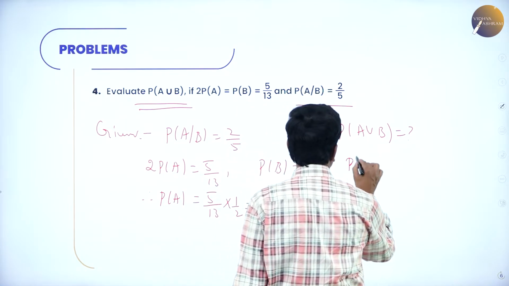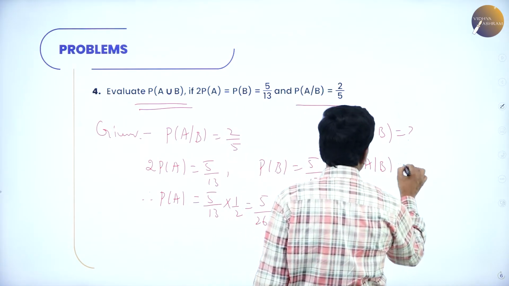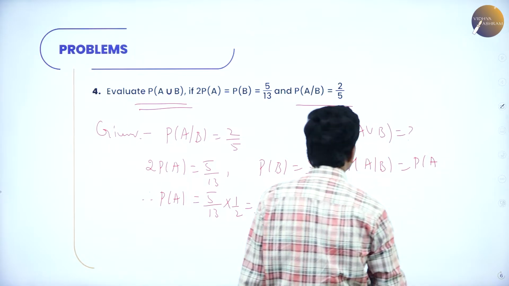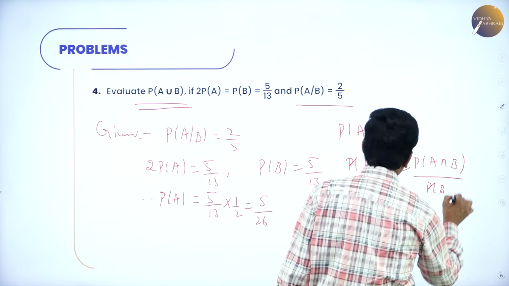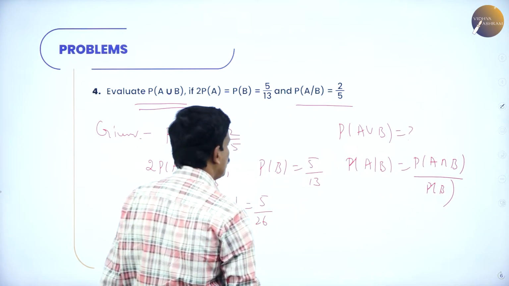We know the formula. We know that probability of A given B is equal to probability of A intersection B divided by the probability of B. Now substitute the values here.